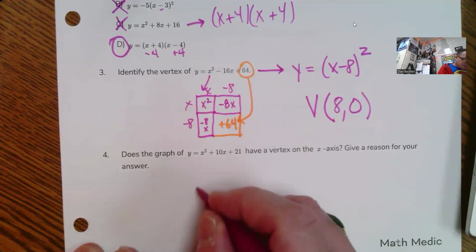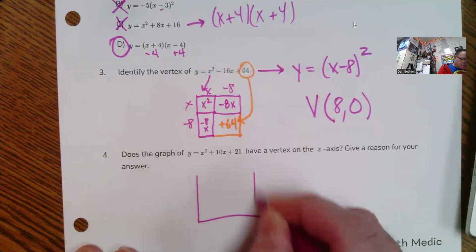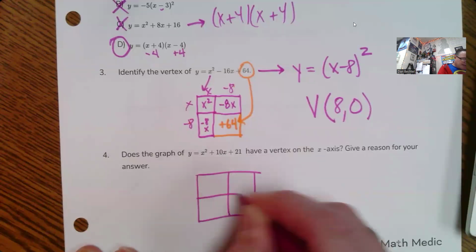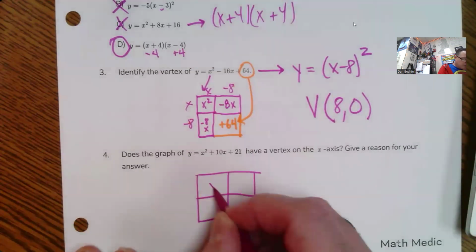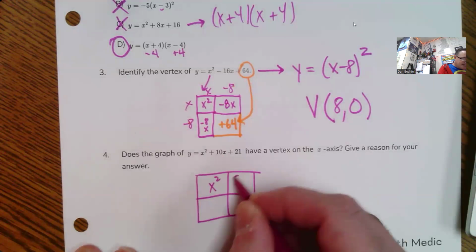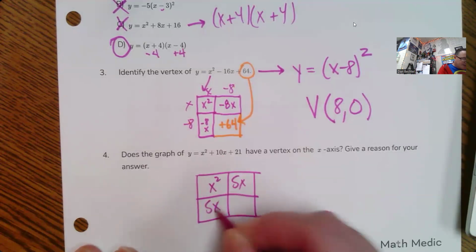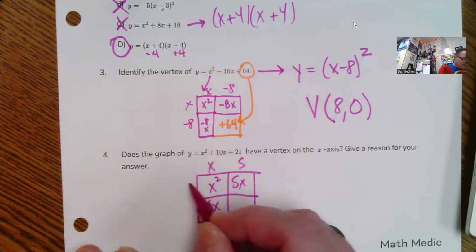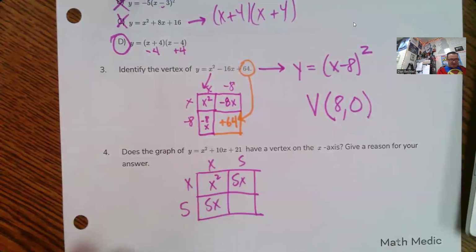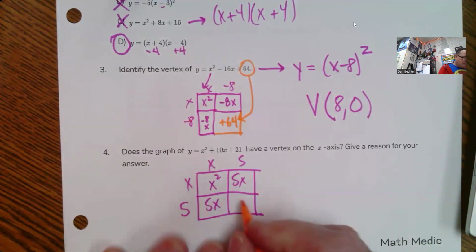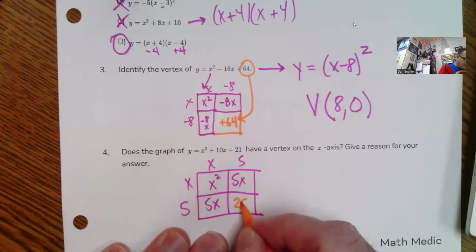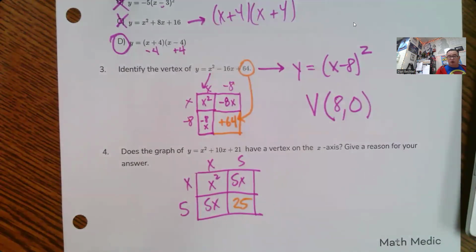All right, cool. So I'm going to start doing these a little bit faster as I go. So I've got my x squared here. I'm going to split that 10x into a 5x and a 5x. So I'll have an x and a 5 and an x and a 5. That means that down here, I would need to have a 25 for it to be a perfect square.